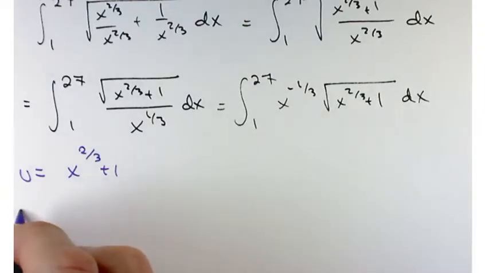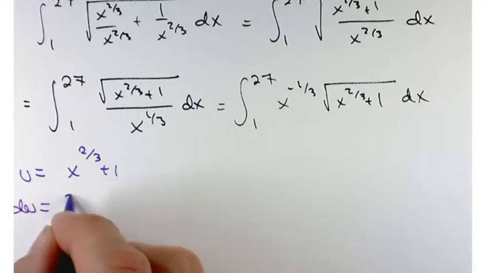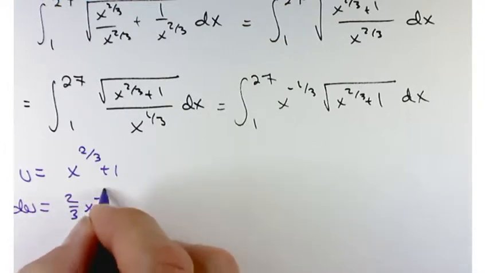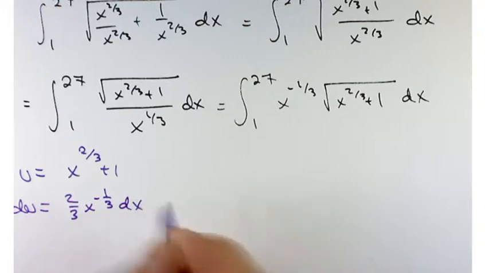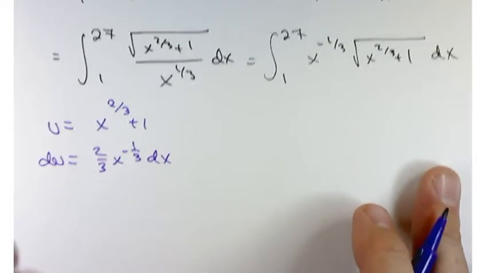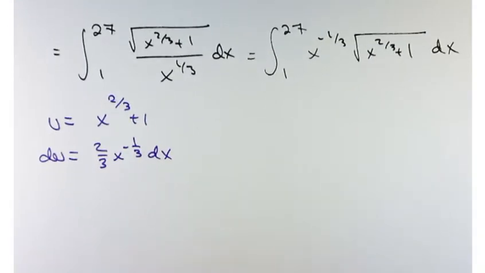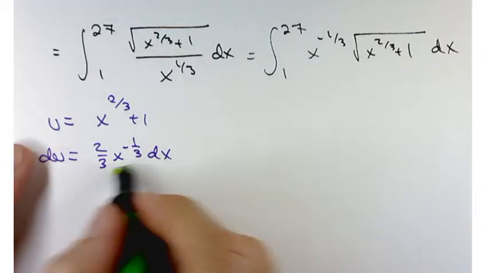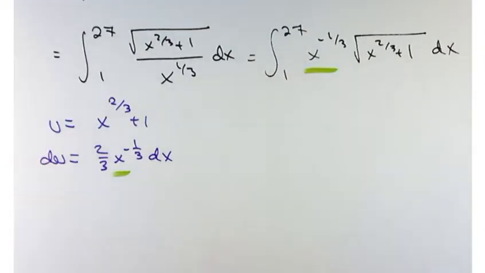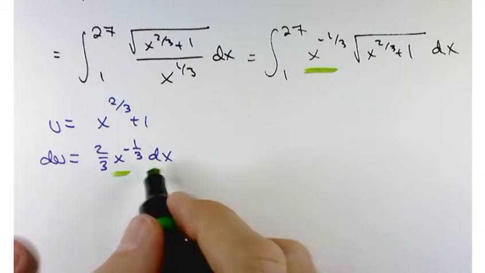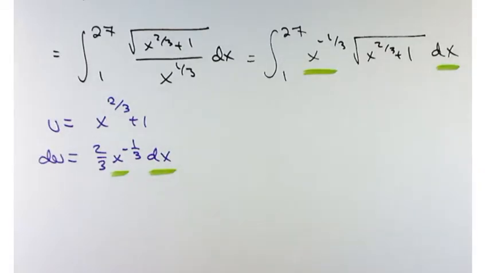Because when I calculate du, I'll get 2/3 x to the negative 1/3 dx. Let's see what I've got here as compared to the integrand. I've got x to the negative 1/3, good on that, and I've got dx, good on that.